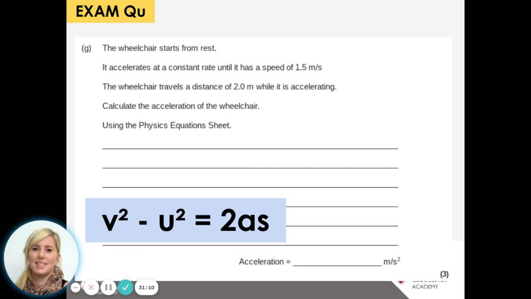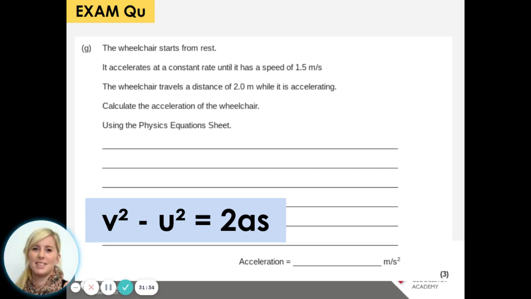Now you could already be putting those numbers in on the left-hand side of the equation, because we could say v squared, which is 1.5 squared, minus 0 squared equals, and then we'd work out the other bits. It travels a distance of 2 meters while it's accelerating. So then calculate a.